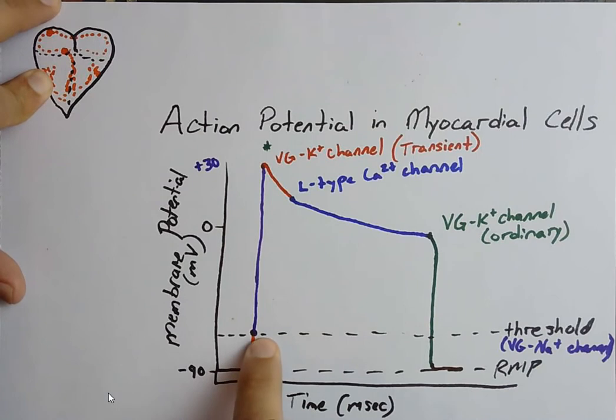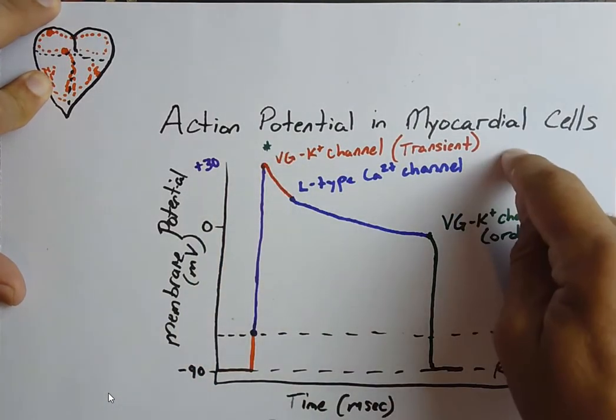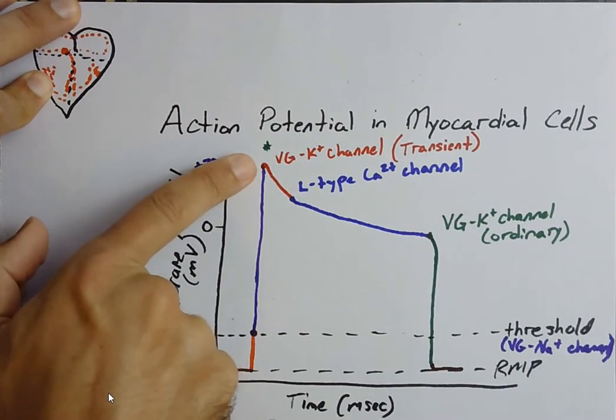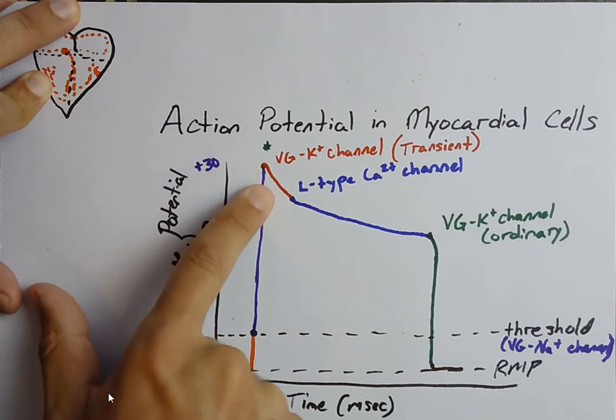So as threshold is reached, those voltage-gated sodium channels are going to open and they're going to continue to drive current into those myocardial cells. Eventually, those voltage-gated sodium channels are going to close, and these transient voltage-gated potassium channels open really fast, open and closed. Some potassium efflux, boom, they're closed again.